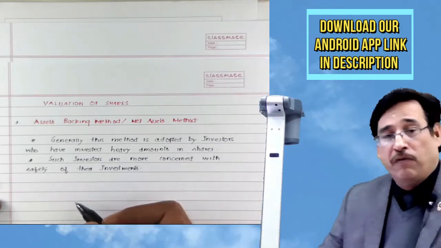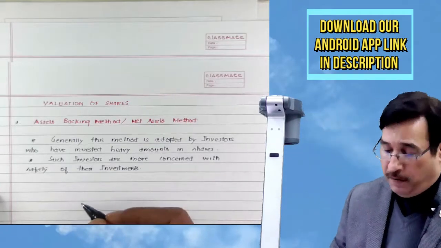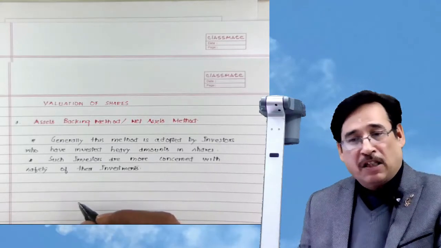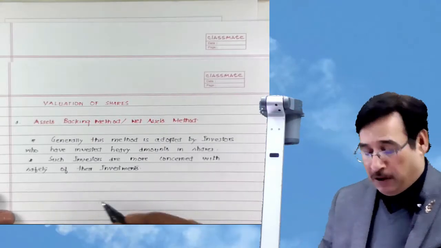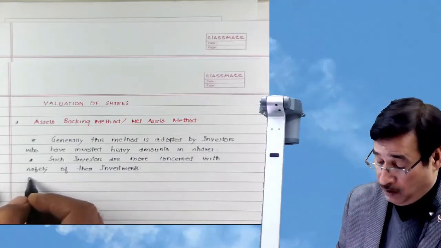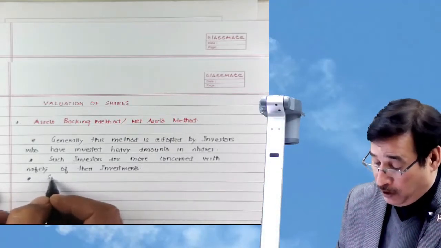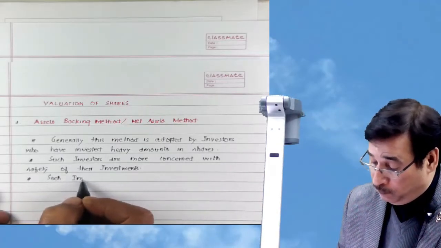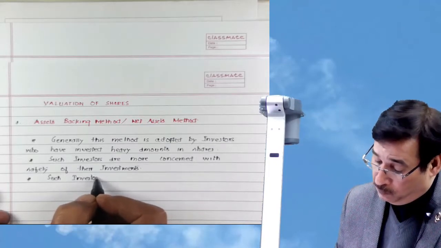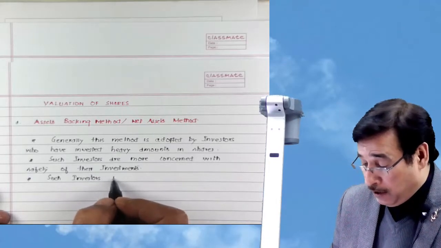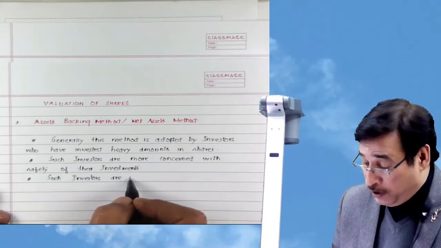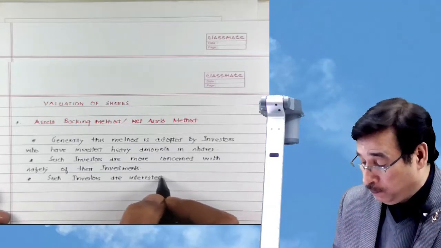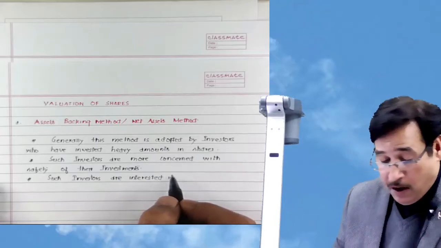Then how would they actually find out whether their investment is safe or not? They will compute intrinsic value of share through net assets method, or what we call assets backing method. Such shareholders, or such investors, are interested in intrinsic value.